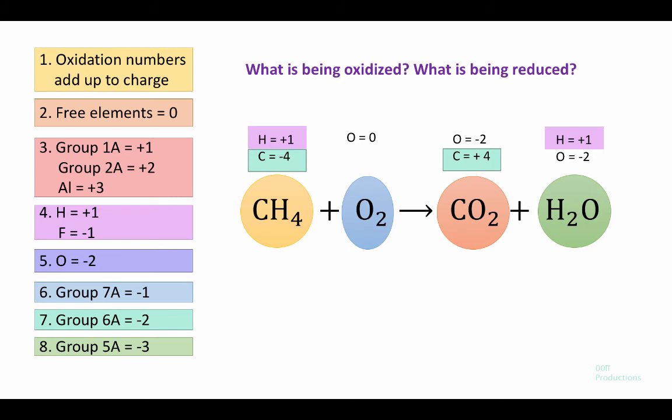So carbon has become more positive. Carbon is being oxidized. If you look at oxygen, oxygen starts at 0. And this is a little confusing because we have oxygen in 2 different places. But if you look at both of these oxygens on the right side, both of them have an oxidation number of -2. So oxygen is being reduced.